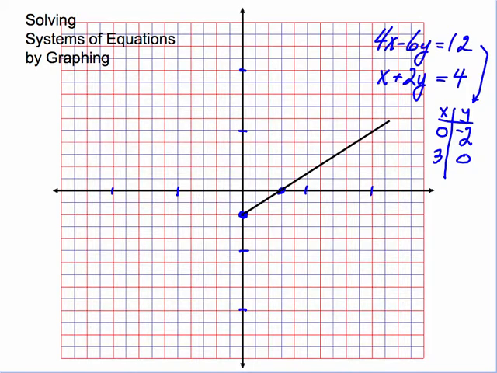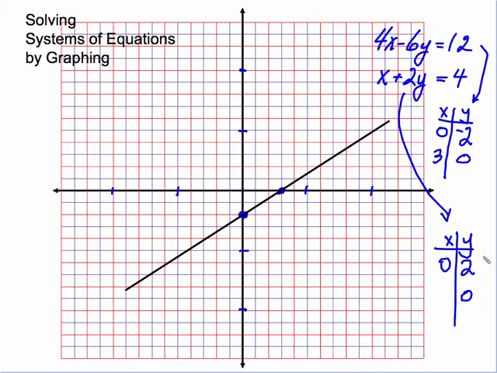There we go. And we'll just extend the line in case the point of intersection is someplace down here. And now we'll do the second equation, x plus 2y equals 4. Once again, we'll find the y-intercept and the x-intercept. If we make x 0, we have 2y equals 4, so y equals 2.